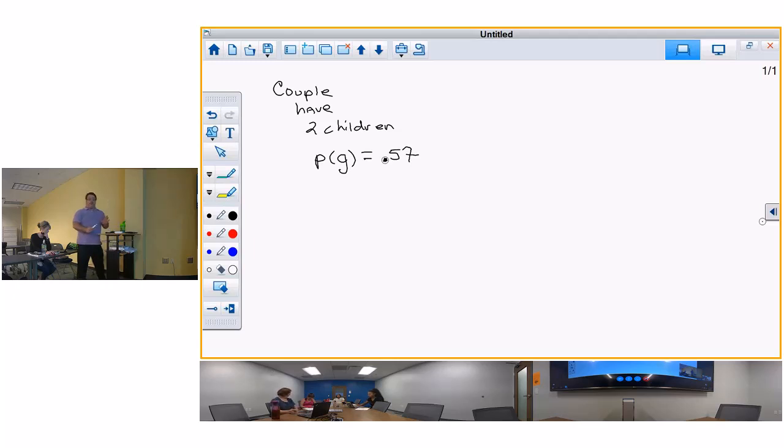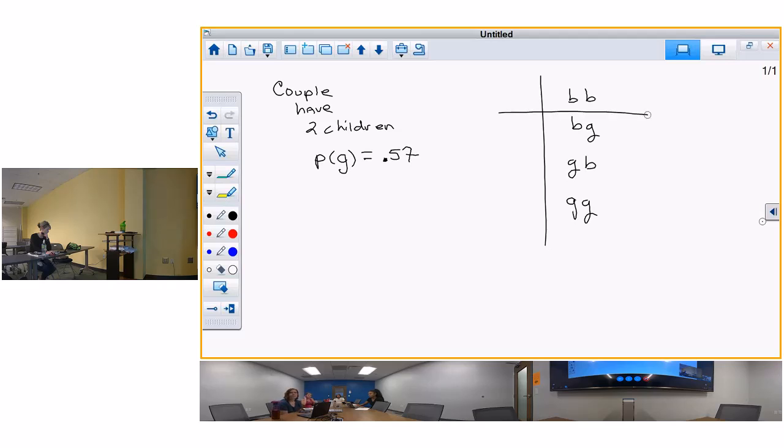They want to have 2 children. So what is the sample space of children? Boy, boy. Girl, girl. Boy, girl, and what? Girl, boy. Okay, this is 0 girls.